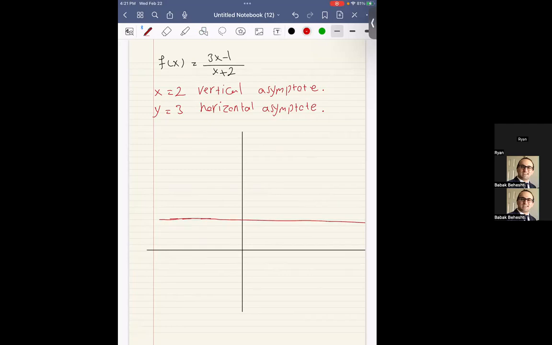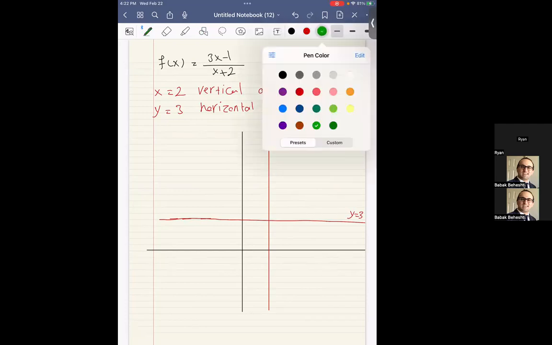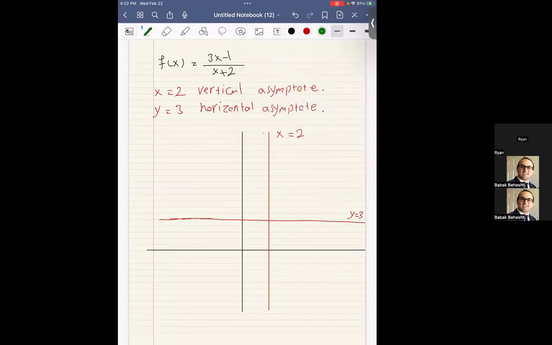This is y equal to 3, and x equal to 2. This is x equal to 2. Now you can draw the graph. Let me use another color. So I use green.